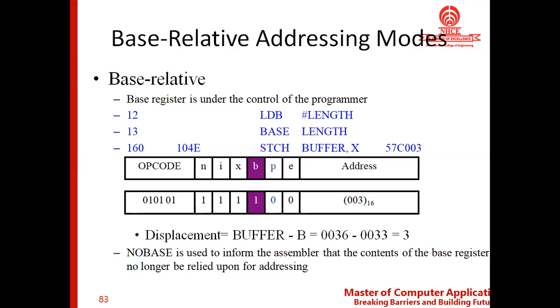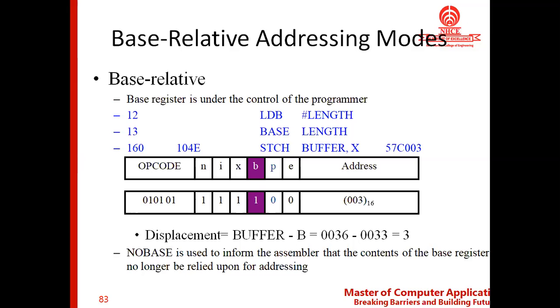And it is simple addressing, even though it is base relative. Since it is simple addressing, n and i will become 1. And you can see in the instruction there is an X register, which is meant for indexing purposes. So the X bit will be 1. And since we use the base relative addressing mode, B is 1 and P is 0. And since it is format 3, the E bit is 0.